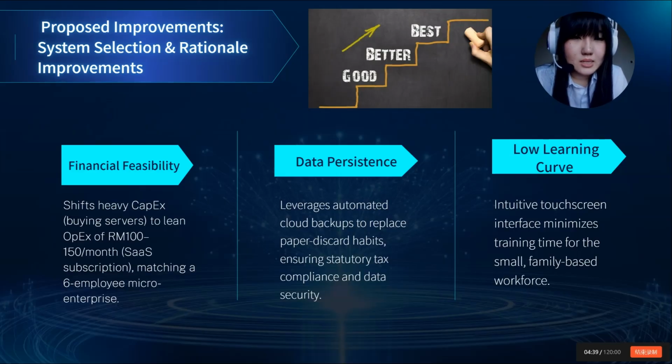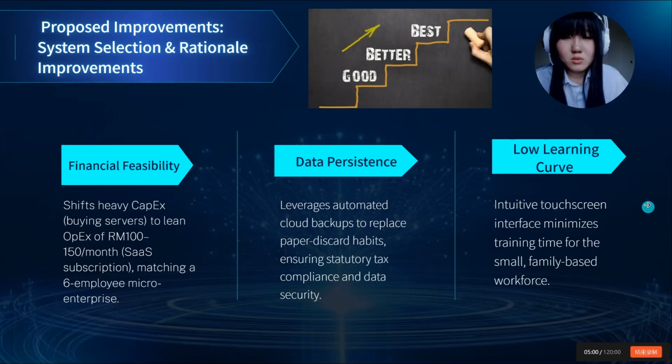Second, data persistence. It uses automated cloud backups to replace paper discard habits, ensuring data security and tax compliance. Third, low learning curve. The intuitive touchscreen interface minimizes training time for a small family-based workforce.